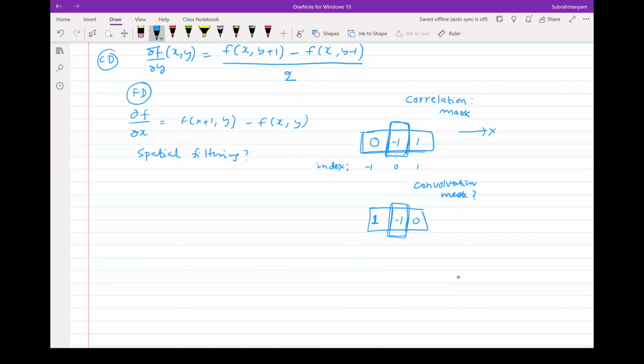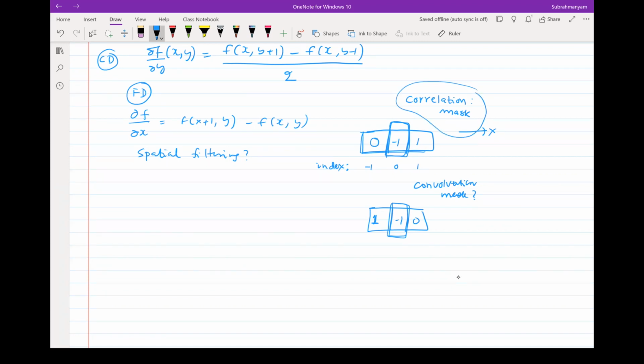So from now onwards, particularly when the mask is not symmetrical, I should also tell you whether it's a correlation mask or a convolution mask. If I don't tell you anything, for this computer vision course you assume that it's a correlation mask.